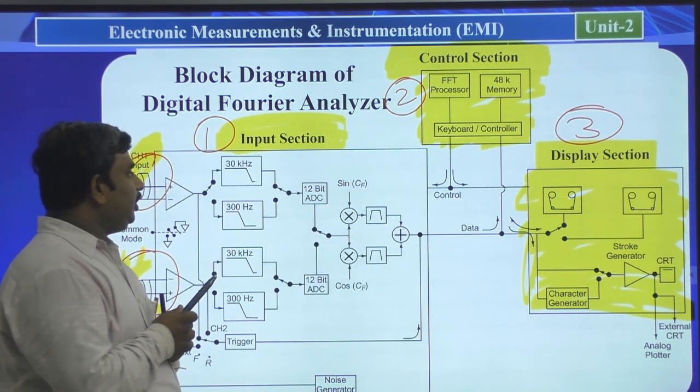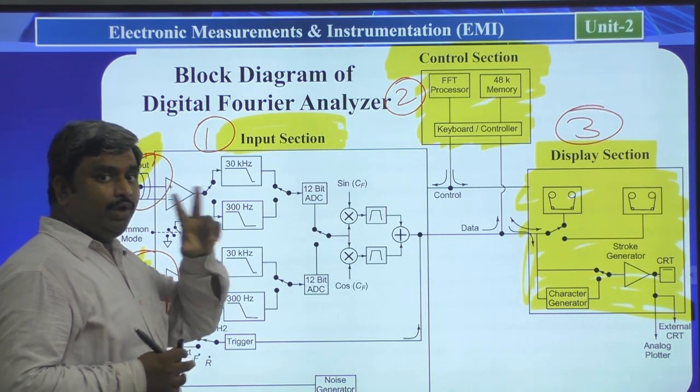Now coming to the input section. In this input section we have two parts.